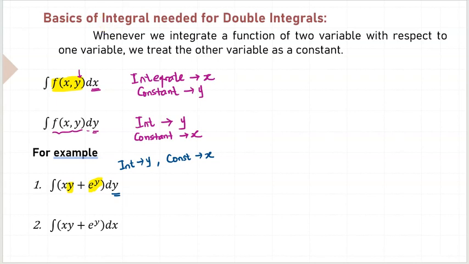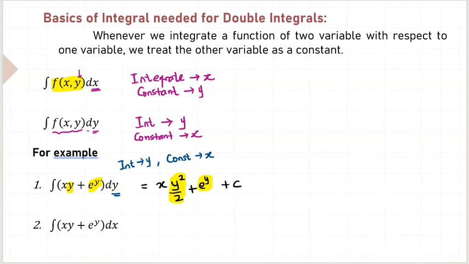So what is the integral? x is the same. The integral of y is y power 2 over 2, plus the integral of e power y, which is the same, e power y, plus c.